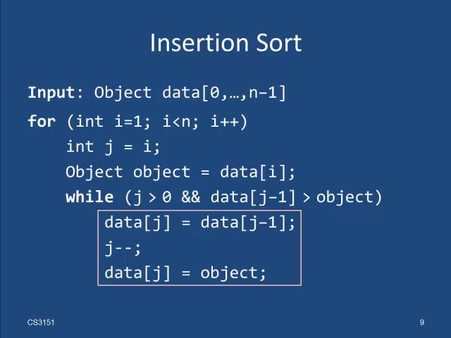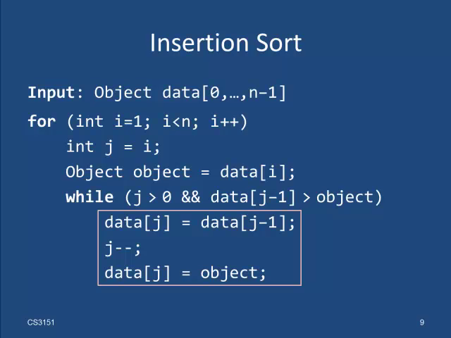Then it loops twice in the second iteration of the for loop, then 3 times, and so on until it loops n-1 times in the last iteration. So in the worst case, the 3 steps in the while loop are executed 1 plus 2 plus 3 and so on until n-1 times.